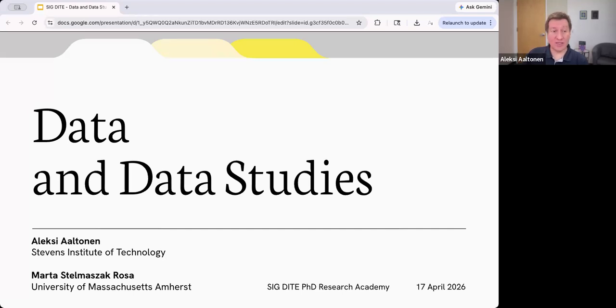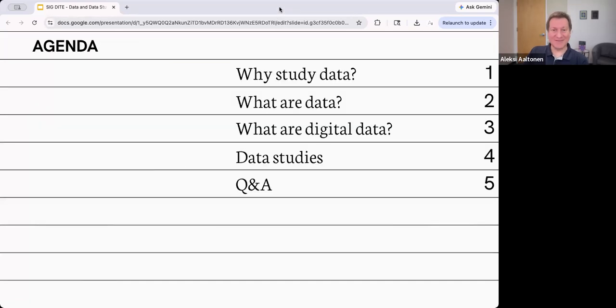So let's just go to the wrong window activated. Now go to the agenda of our talk for today. So I will first talk briefly about why study data, and I will also briefly define what we mean by the study of data, to be clear.